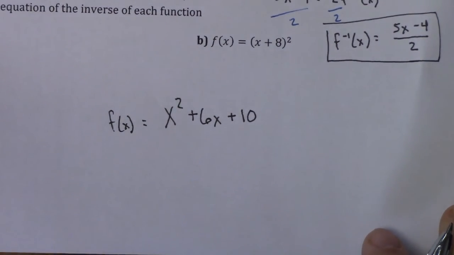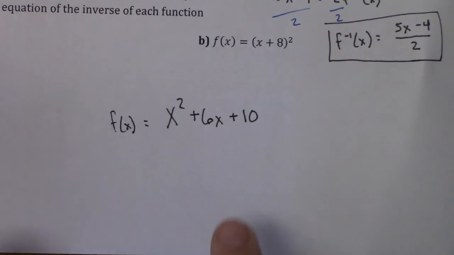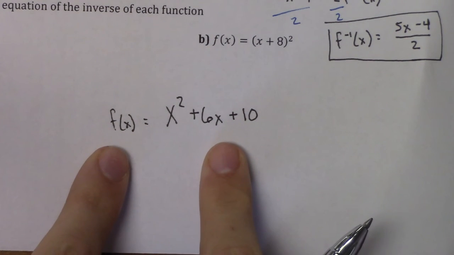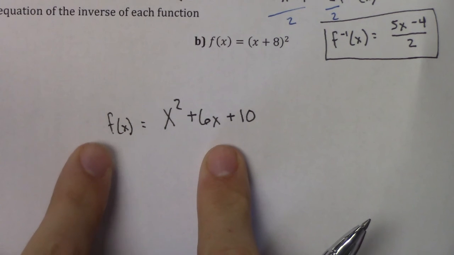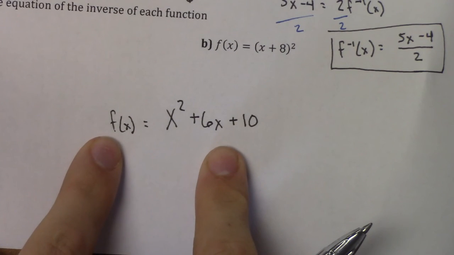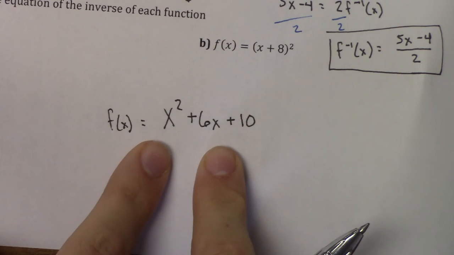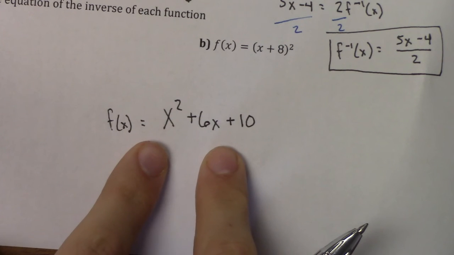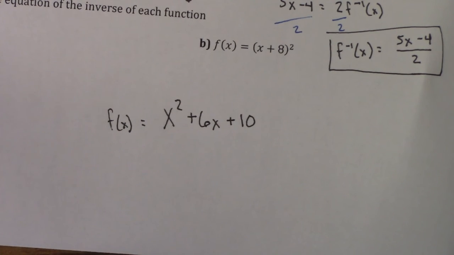Well, here's the dilemma. If I take this quadratic and I swap my input and my output, I swap my x and my f of x, I'm now going to have two of them. There's going to be two f of x's over here. In which case, if I'm trying to get it by itself, that just became essentially impossible.